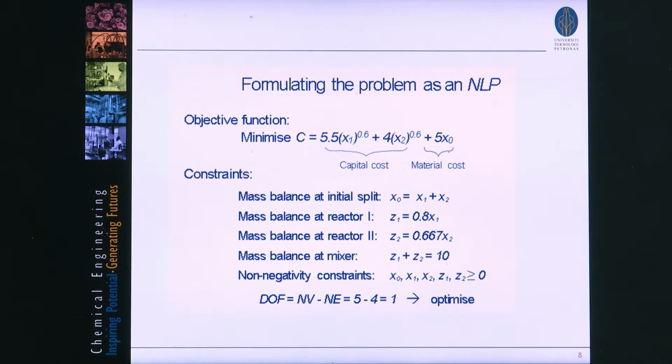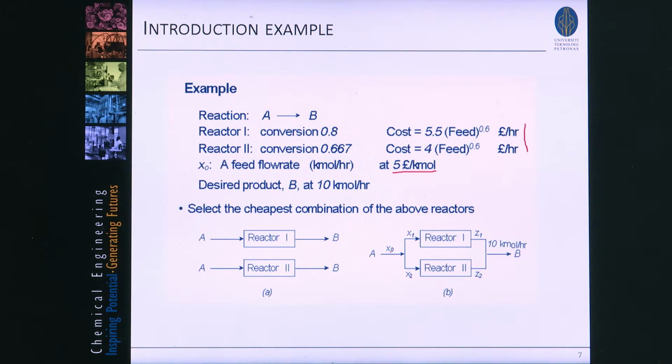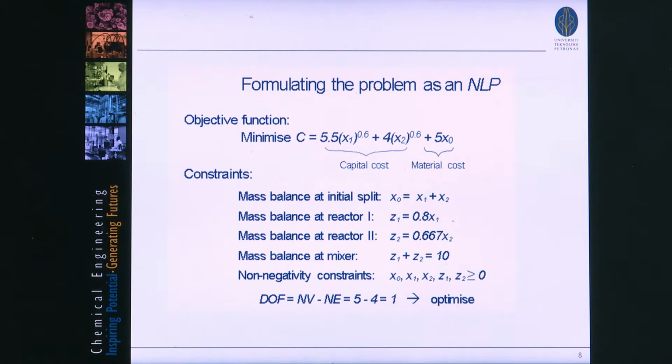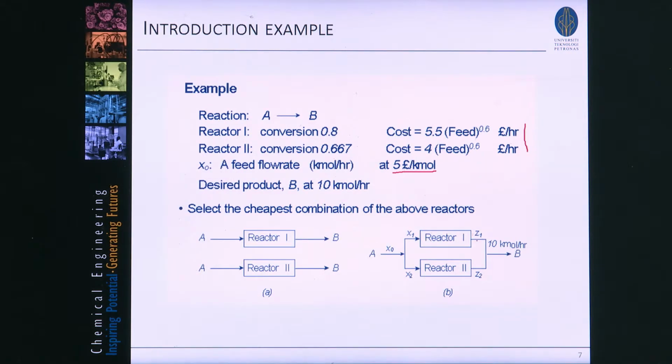And then we have the constraint, the mass balance at the initial split, which is x0 equals x1 plus x2. And we have also a mass balance over here, z1 plus z2 equals 10, and z1 equals 0.8 x1, z2 is then 0.667 times x2.